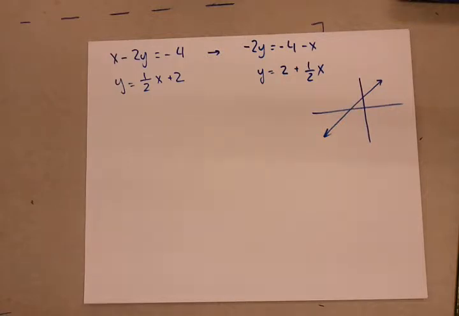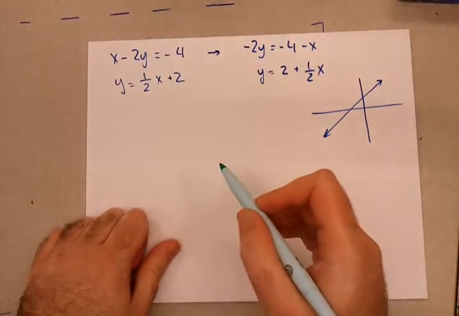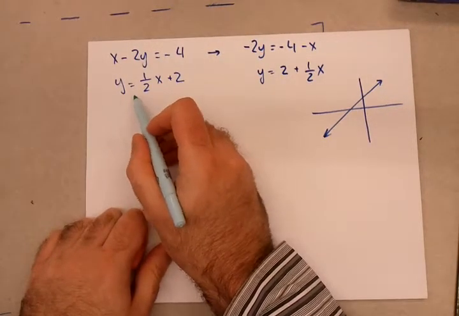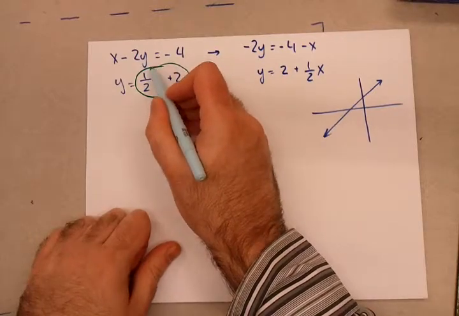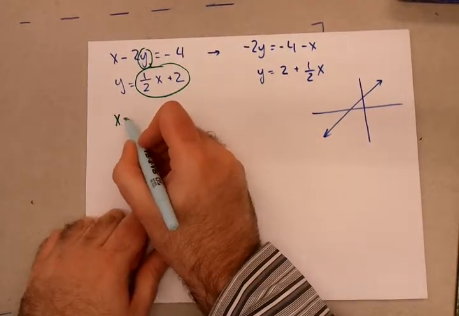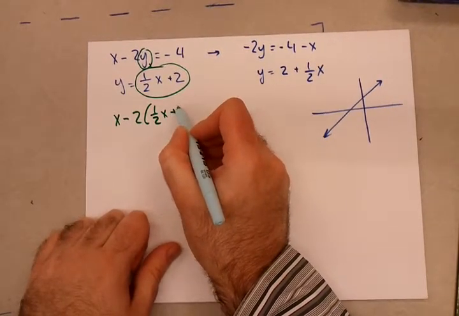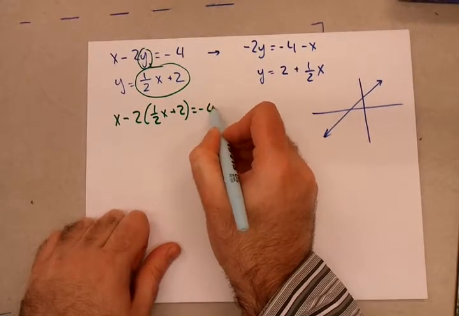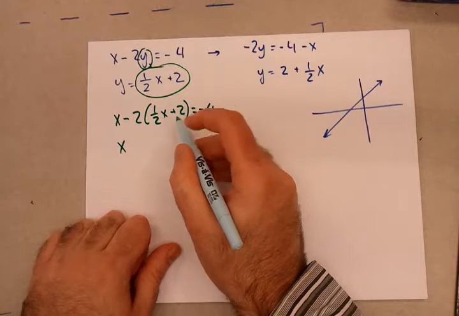Now let's do this through another method. We already did elimination with the previous problem, so let's work with substitution. I'm going to substitute one variable for another. y is already solved for me here, so I'm going to substitute that y in for the y here. So x minus 2 times the quantity 1/2 x plus 2. Then I'm going to distribute the negative 2 to every member of the parentheses.